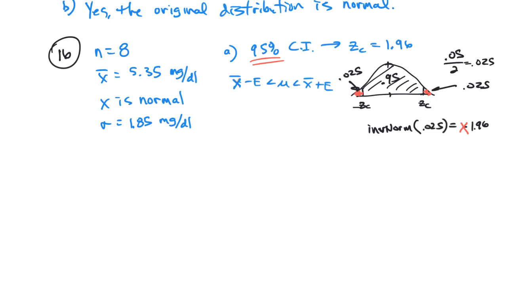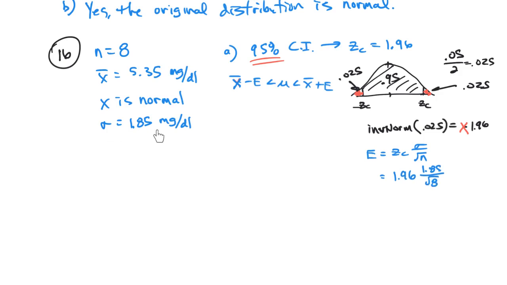And now that we have this, we can find E, because E is going to be z sub c times sigma over the square root of n. z sub c is 1.96, and sigma, it said, is 1.85, and then over the square root of 8.